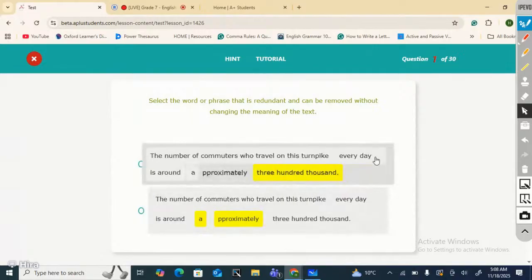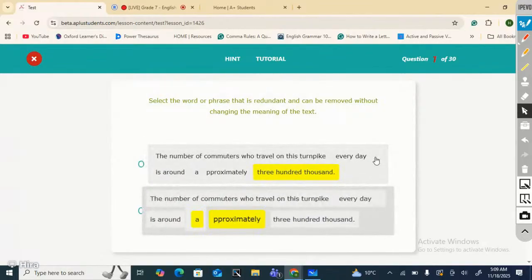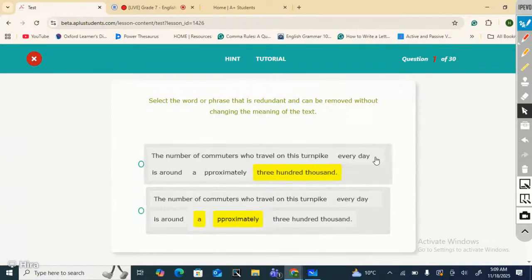So, option one, in which these three words are highlighted, 300,000. Is this the redundant word or phrase? Or approximately? Option one or option two?